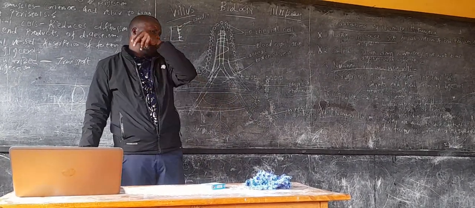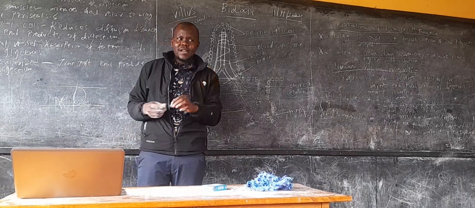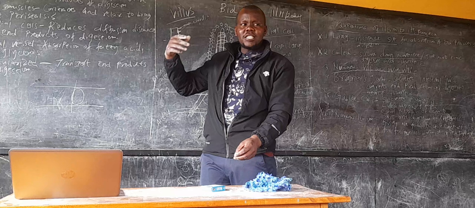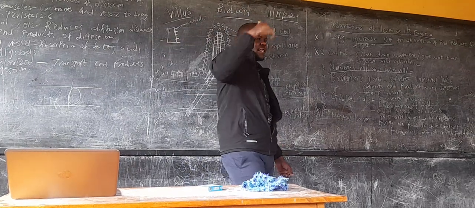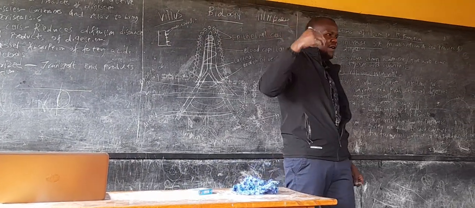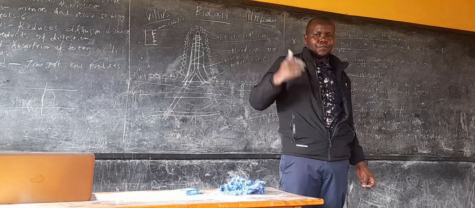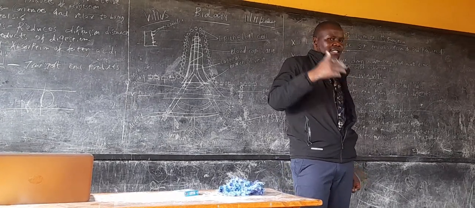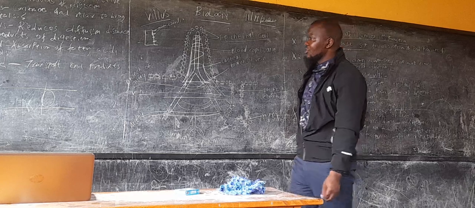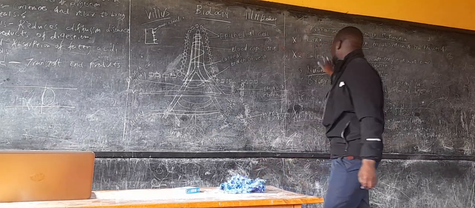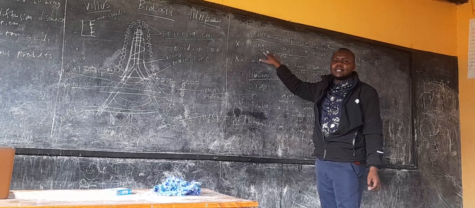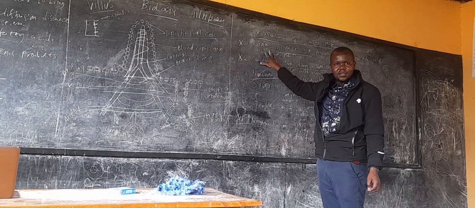Let's now check the adaptations of the villus. We will not repeat; we are discussing the small intestines, and inside the small intestines is where we have the villi. So we just have some points to eliminate that cannot make up the villus adaptations. Let's start from this first point. Long is not an adaptation of a villus.